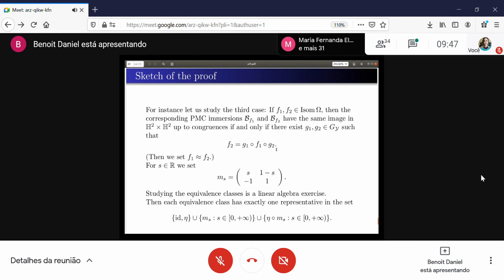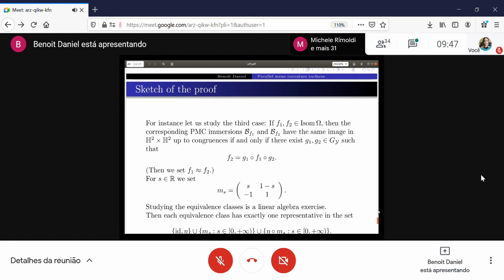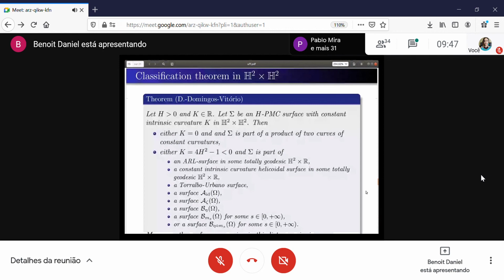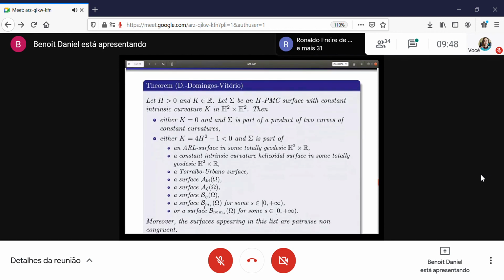And so to each equivalence class, I will get a new PMC isometric immersion. Okay. If I come back to my classification here, the case where I take twice the helicoidal example gives me the last two ones, B_{MS} of omega and B eta of MS of omega, which are two one-parameter families.